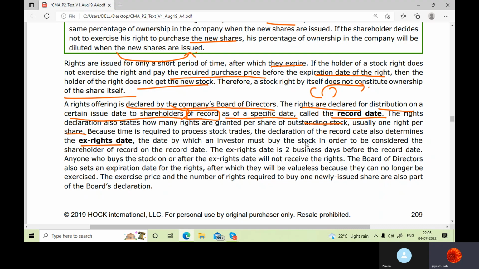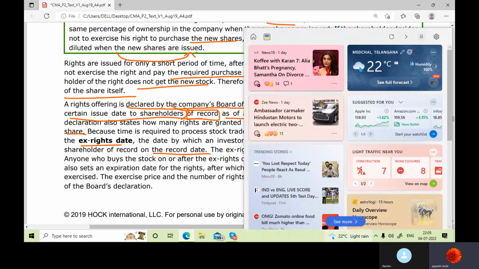It is the date by which an investor must buy the stock in order to be considered the shareholder of record on the record date. So the X rights date is nothing but the date by which an investor must buy the stock. It is the date on which the shareholders must exercise their rights.